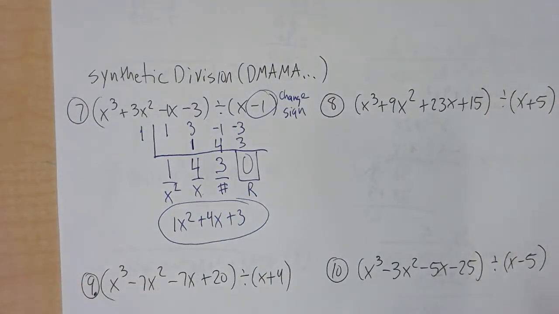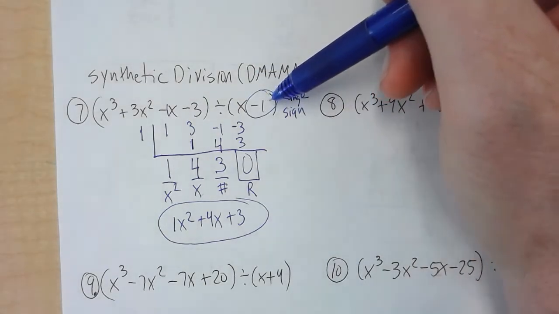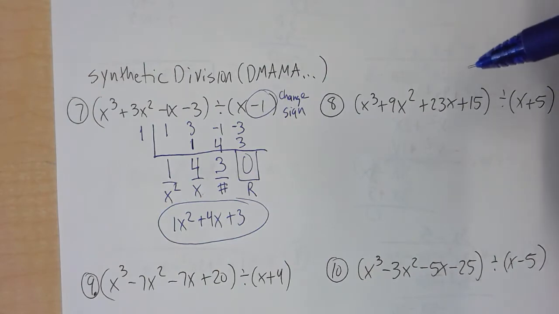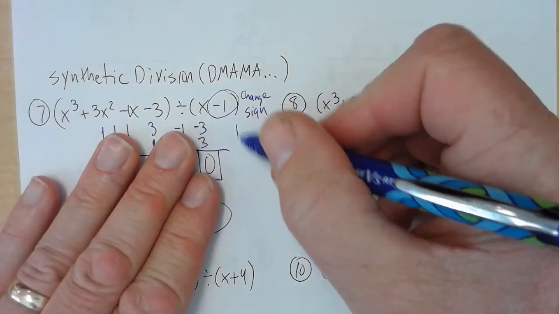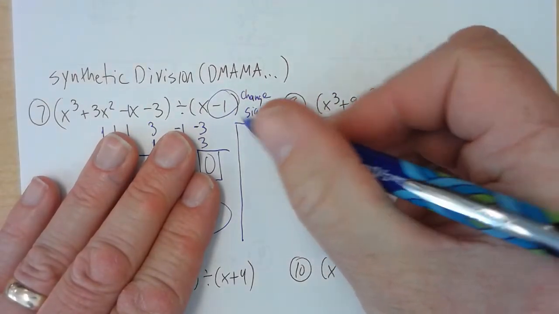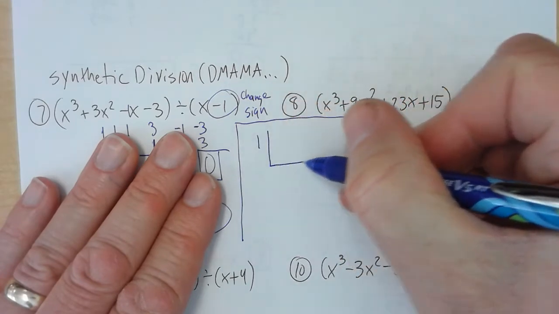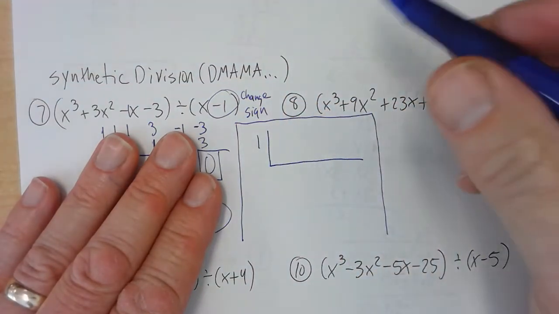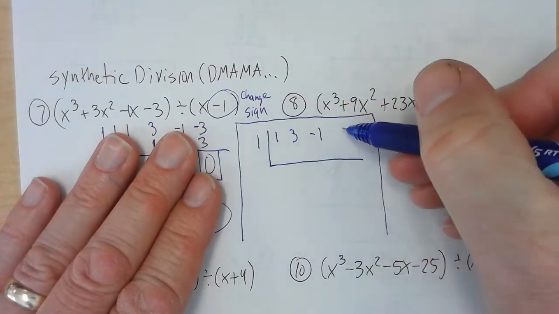All right. So here's how this goes again. I'm going to go through this one more time, and I'm going to put it over here in this space. So you can see how to do this again. So we change the sign here. 1. If you can just watch this time instead of doing it with me. 1, 3, negative 1, negative 3.